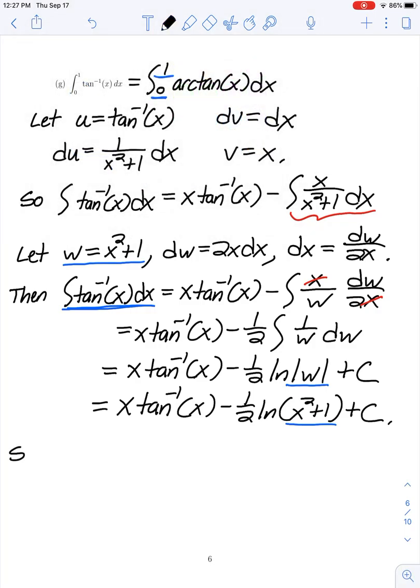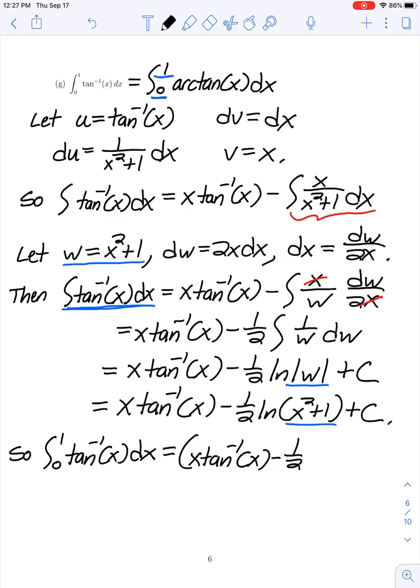So once I find my antiderivative, I can evaluate this definite integral using the fundamental theorem of calculus by taking this antiderivative and substituting in 0 and 1. Here I can omit the constant of integration. Since we're looking at a definite integral, it doesn't matter which antiderivative I use, so we could take c to be 0.